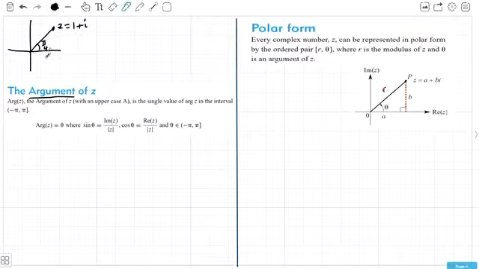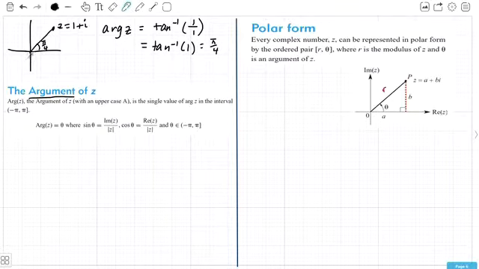That gives you pi on 4 as an angle. Okay. Then when you're looking at the arg here, you know that arg z equals the inverse tan of 1 over 1, because the imaginary part is 1, the real part is 1, so that would be the inverse tan of 1, which is pi on 4, which we know. We can see that from the diagram.